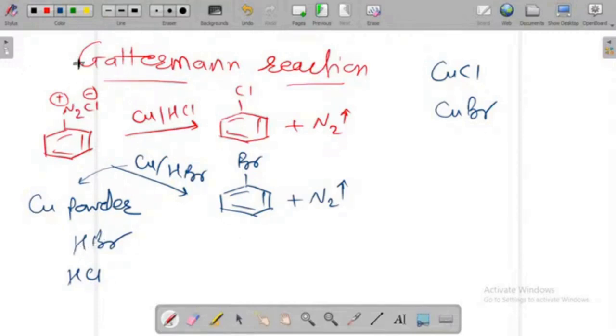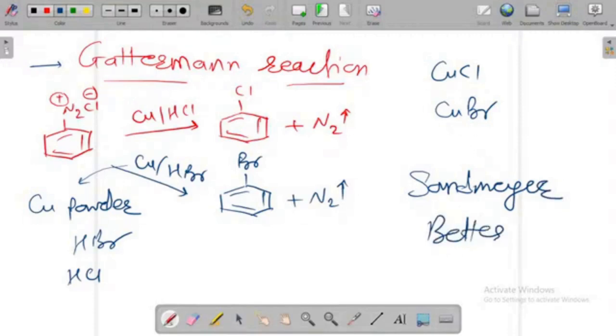If you compare the two, the Sandmeyer reaction has better yield as compared to the Gattermann reaction.